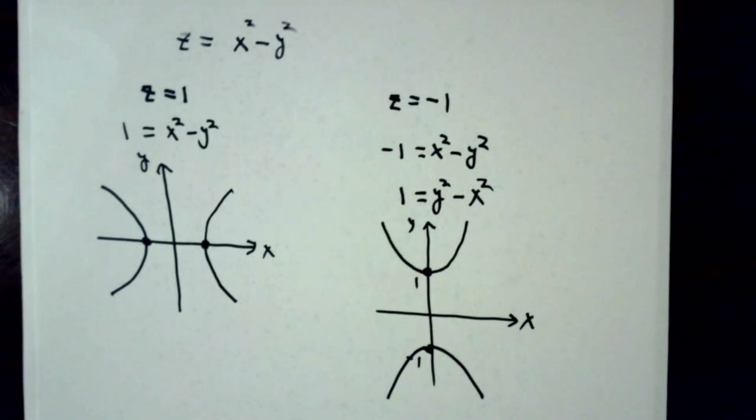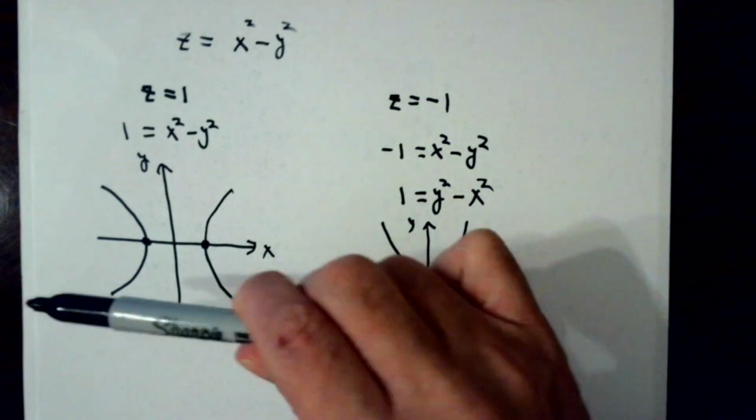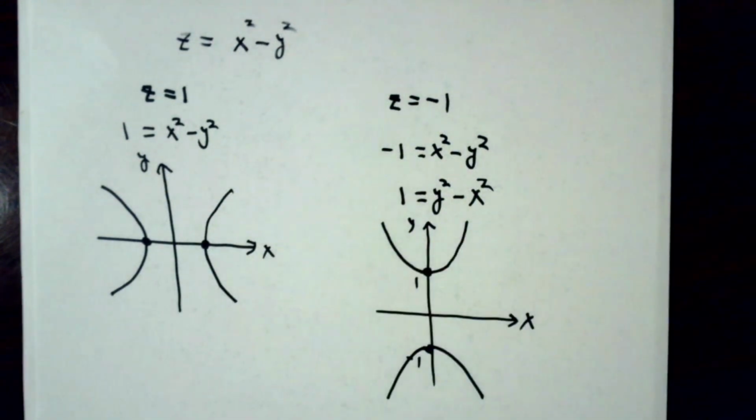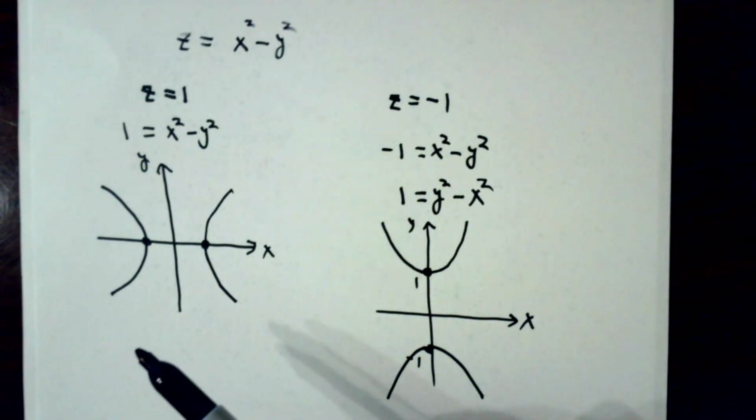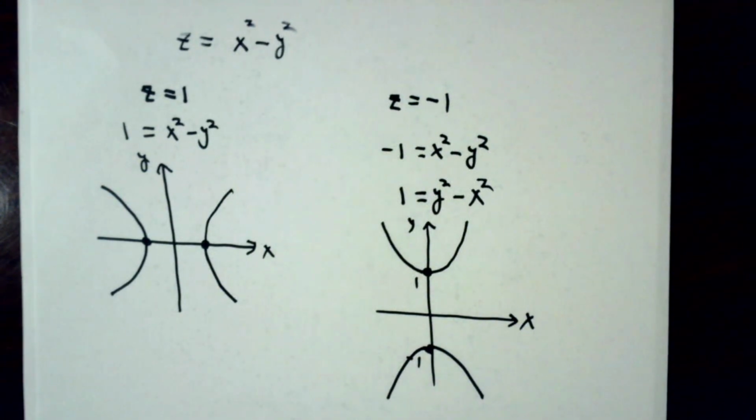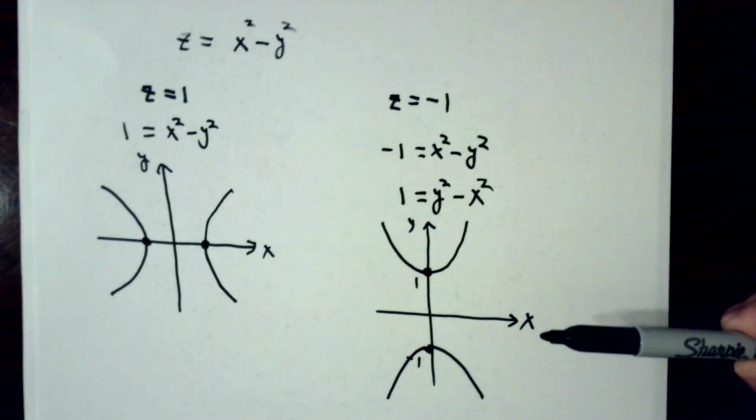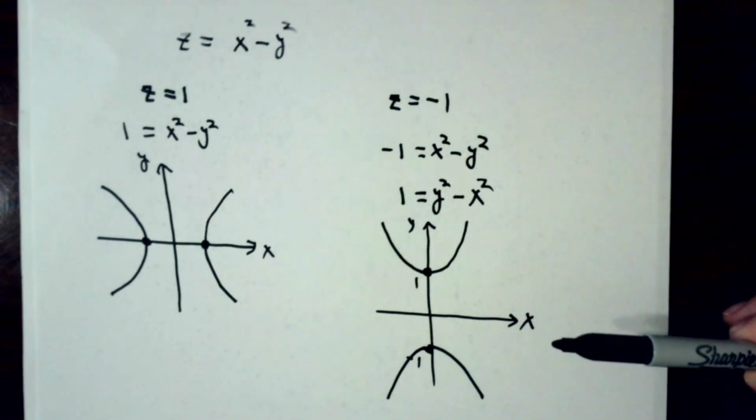I get a hyperbola again, but weirdly, this one opens in the up and down direction instead of the sideways direction. So if I intersect my surface with a plane of positive constant z coordinate, I'll get something that looks like that, but down below the xy plane, I get that kind of thing that's been reorientated. It's been turned 90 degrees.